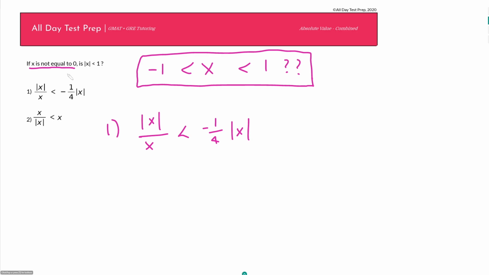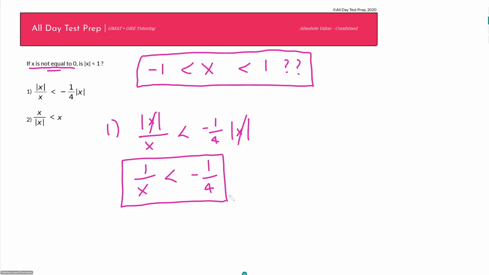However, since x cannot be equal to 0, what that means is the absolute value of x must always be greater than 0, and therefore I know the sign of the absolute value of x. And so, in fact, if I wanted to divide each side by the absolute value of x, I can do that. And if I did that, that would actually cancel out my absolute value expressions. And that would just leave me with 1 over x is less than -1/4.